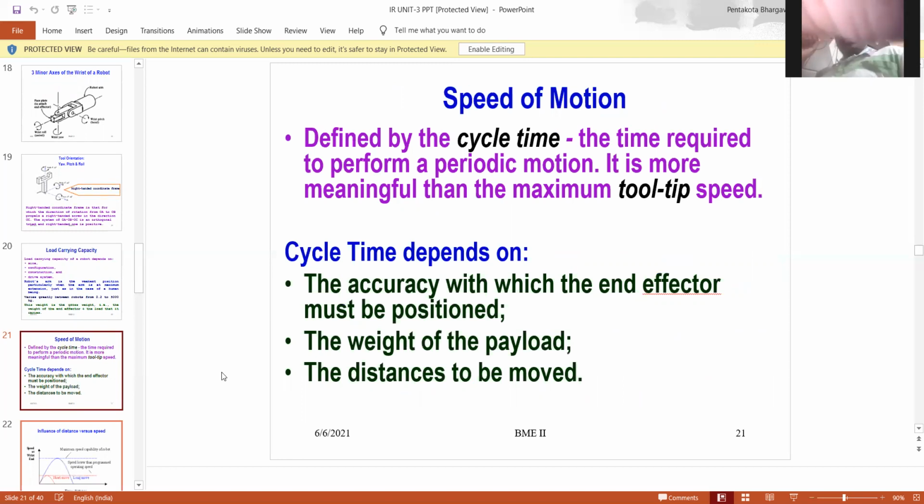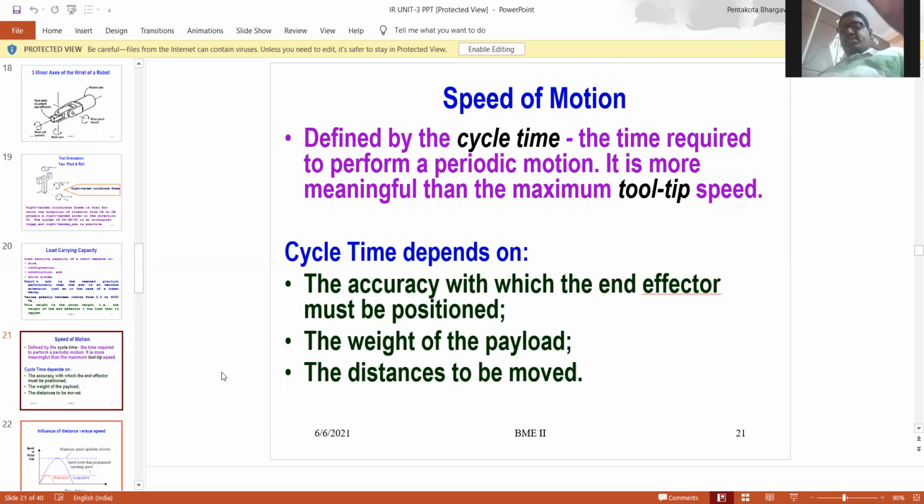Next, what is the cycle time? The cycle time, the time required to perform a particular periodic motion, is more meaningful than the maximum tool tip speed. Periodic motion is like a sine wave. The tool will be in a cycle position.